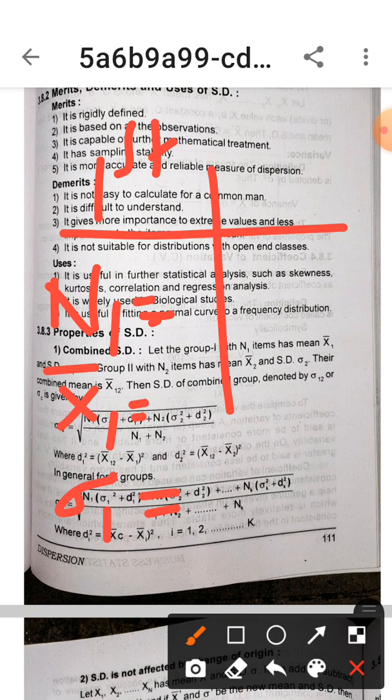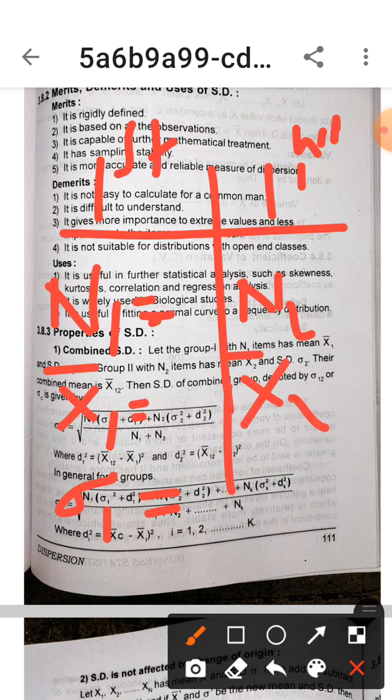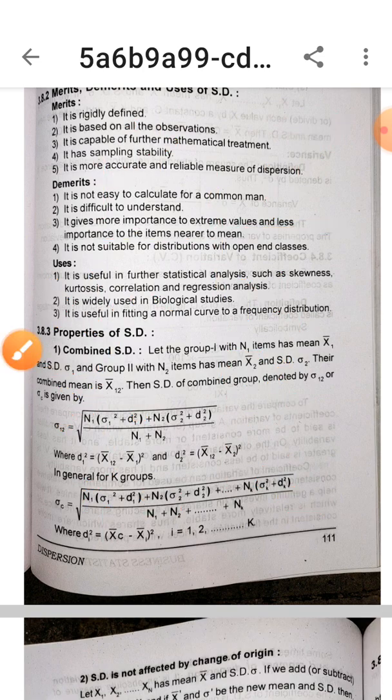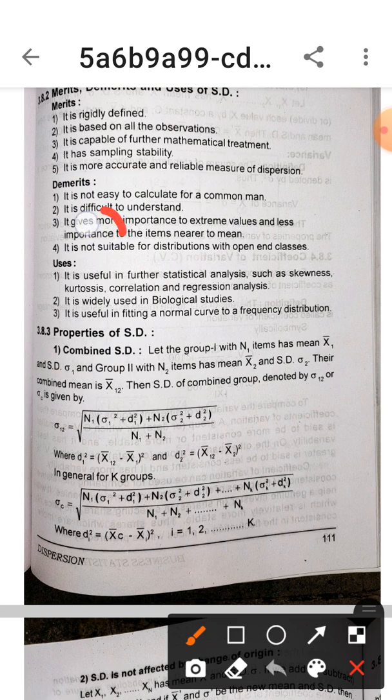Okay, likewise there will be a second group with total number of values n2, with mean x bar 2 and with respective standard deviation sigma 2. By this given information we can calculate combined SD, which is denoted by sigma 1 2.